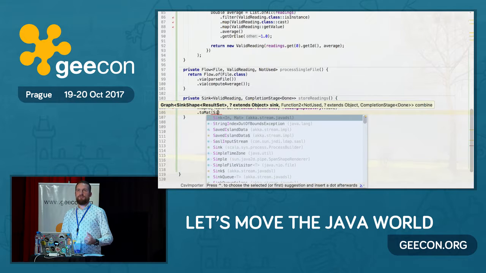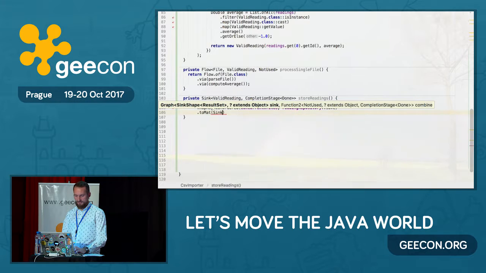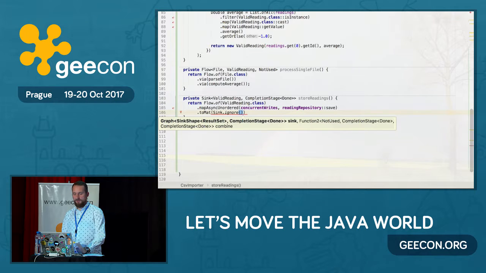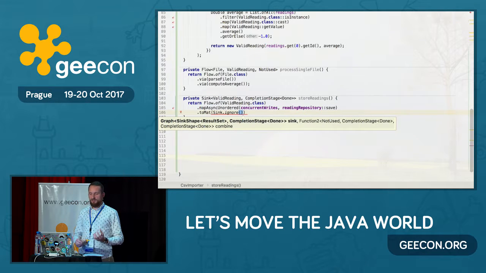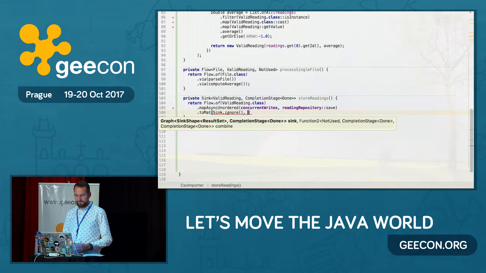Since in our case we don't care what the result was, we just want to know that the processing was finished, we're going to use a special built-in sink called Sink.ignore, which ignores the result of the computation, but it returns, as you can see from the types, a completion stage of Done. So that's actually what we're interested in. It will tell us when the processing was finished, but will discard the results.